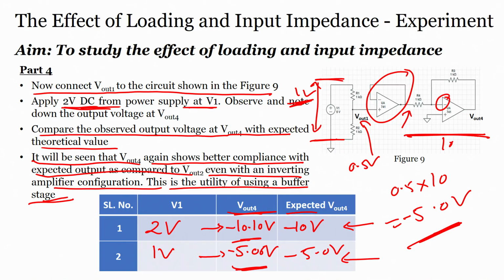So, if I quickly recall, this is part 4. What have we seen? We have seen 4 different parts. First, we have seen just a voltage divider, and we measured the output of the voltage divider. Then we saw the inverting amplifier and its output. Then we integrated the inverting amplifier with the potential divider, and we saw the effect of loading.